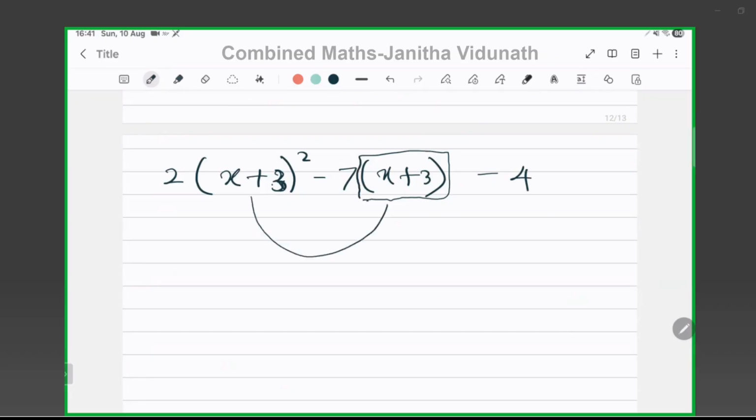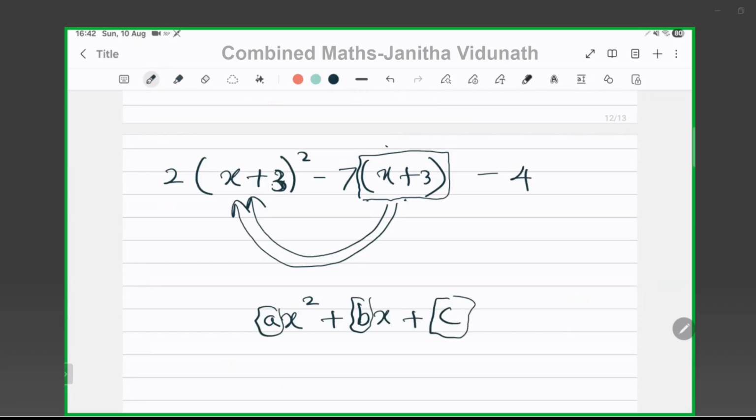And this term is the square of the same term. Like x plus 3, here we have x plus 3, and here we have the square term of that. In our last few questions, we get like this: ax square plus bx plus c, where a, b, c are some real numbers.